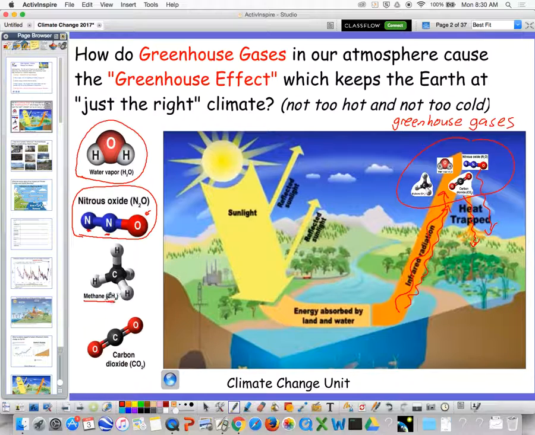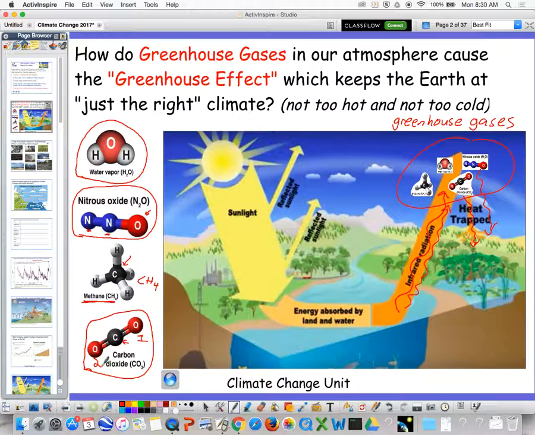Another one is a gas called methane. Methane is CH4, so it's a carbon atom, as you can see in the middle here, bonded to 4 hydrogen atoms. And the big one is carbon dioxide. Carbon dioxide is one of the chief greenhouse gases. It is a carbon atom bonded to 2 oxygen atoms.